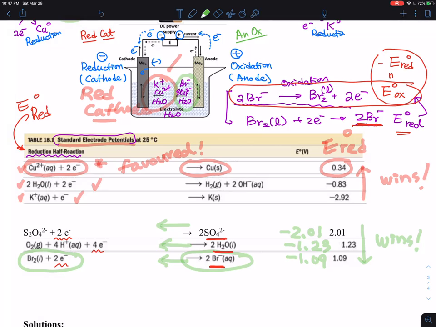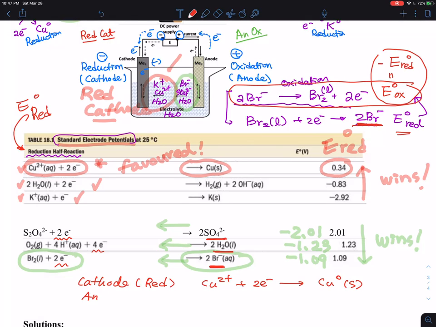So therefore, if I put this together in a more summarizing reaction, on the cathode side you are going to have a reduction, right? Red cat, and the reduction happening is copper 2 plus favored, taking 2 electrons and getting reduced into the solid metal.